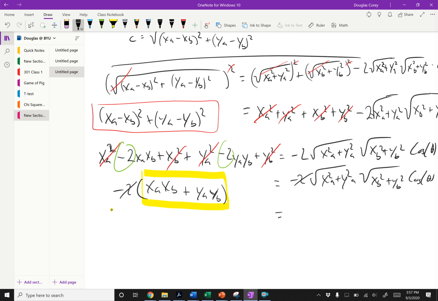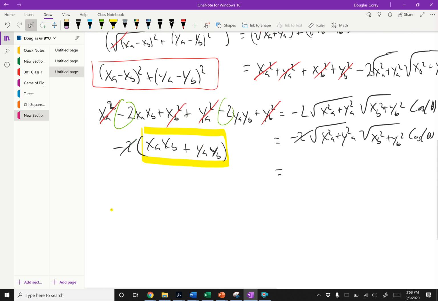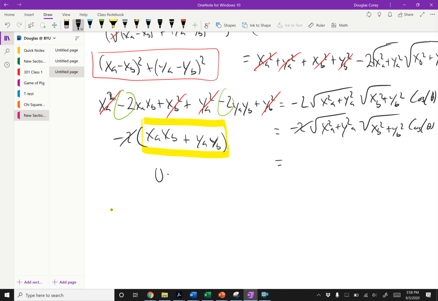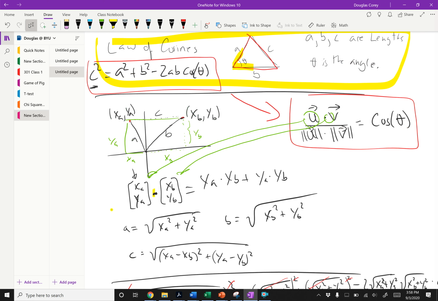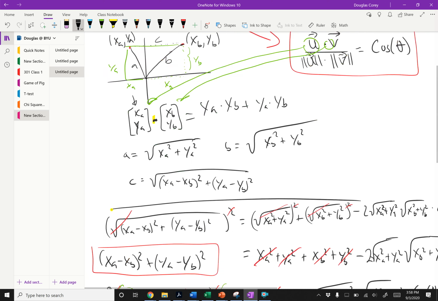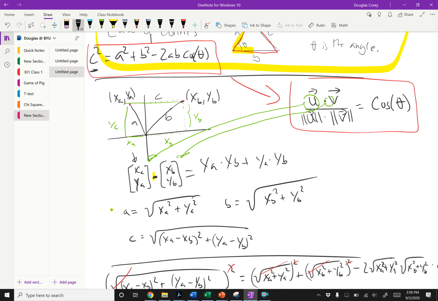Now this, we just talked about, is the product of x a x b plus y a y b. If we call the two vectors u and v respectively, then we could just rewrite that as u dot v. And these are just the lengths of u and v: a is the length of u, b is the length of v.